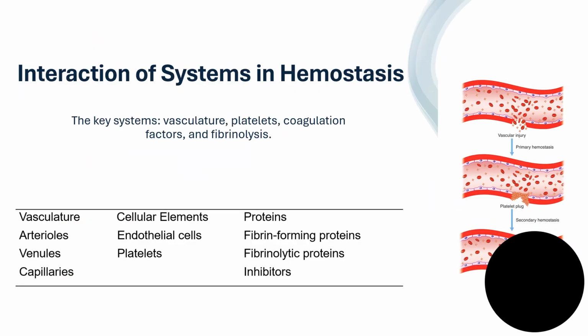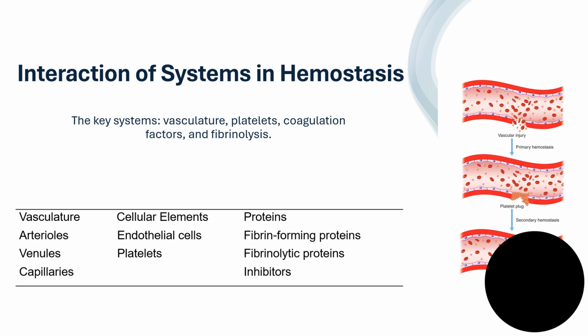Hemostasis involves several systems working together to stop bleeding and repair blood vessels. First, we have the vascular system, in which blood vessels constrict, or vasoconstrict, to reduce blood flow and minimize bleeding. Next, we have the platelet system, and the platelets adhere to the injury site where they are activated and aggregate to form that temporary plug.